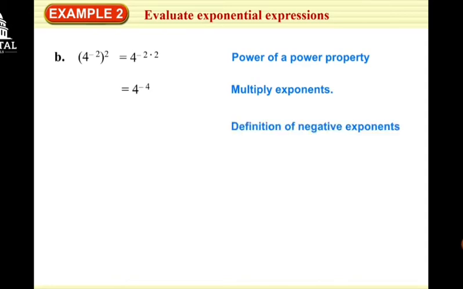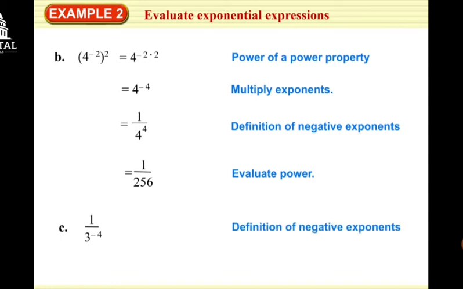Definition of negative exponent, it will be 1 over 4 to the power of 4, which equals 1 over 256. Another example, 1 over 3 to the power of minus 4, the same, it will be 81.